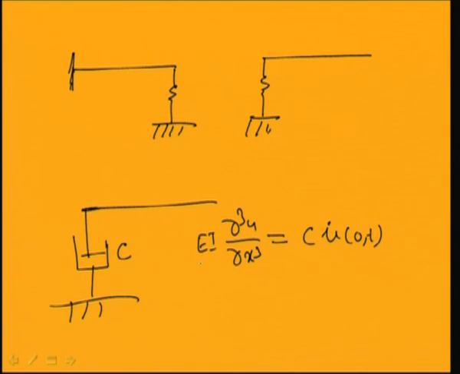Similarly, at the right end it will be negative. At the right end, if you have a damper, then EI ∂³u/∂x³ equals minus C u dot (0,t).